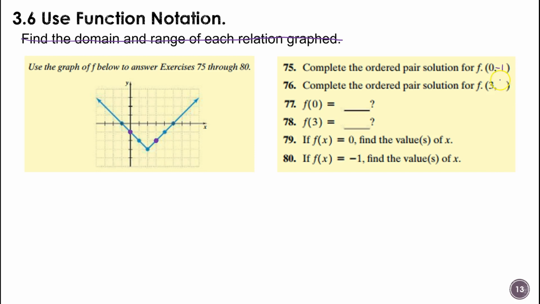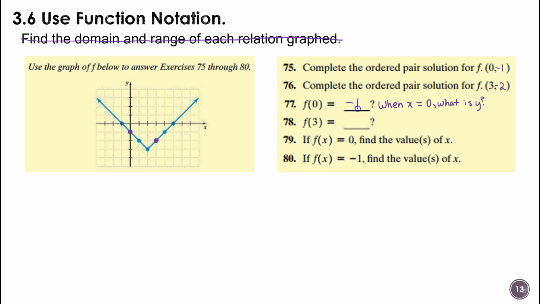And now they're going to be asking a little bit of a different way. This one says f of 0, so that basically is saying when x equals 0, what is y? When x equals 0, what is y? So it's really the same question as number 75 in a little bit of a different way.